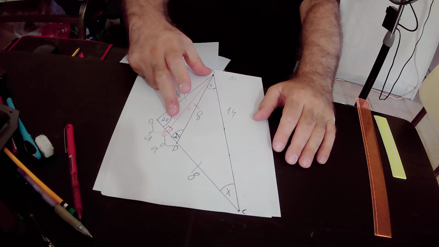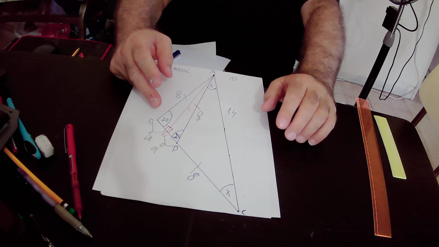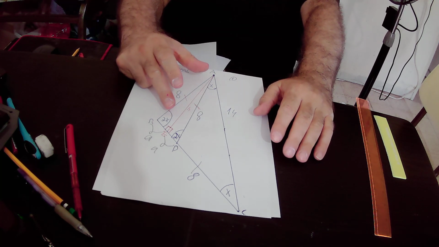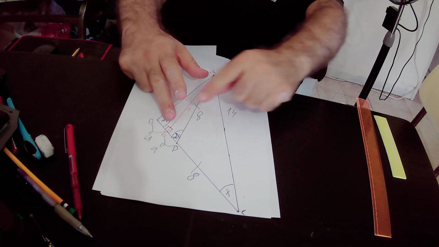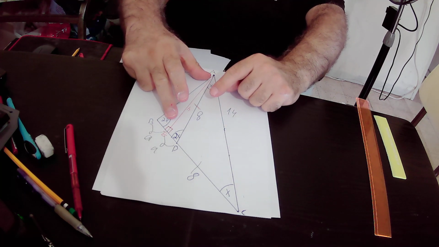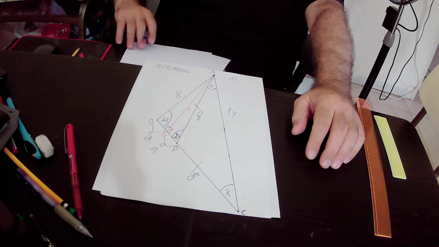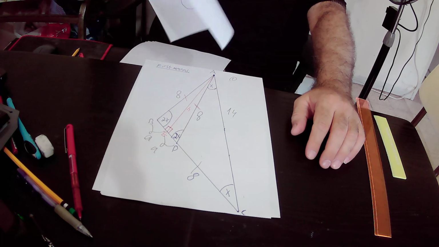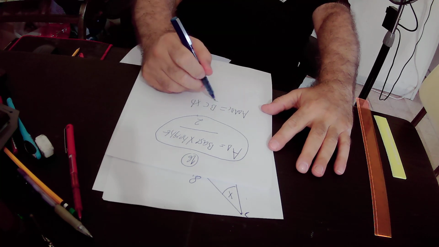And the edge, or AE, is the height of triangle ABC, because this height creates 90 degrees with the base BC. Therefore, AE is the height of triangle ABC. So the height is h over 2.